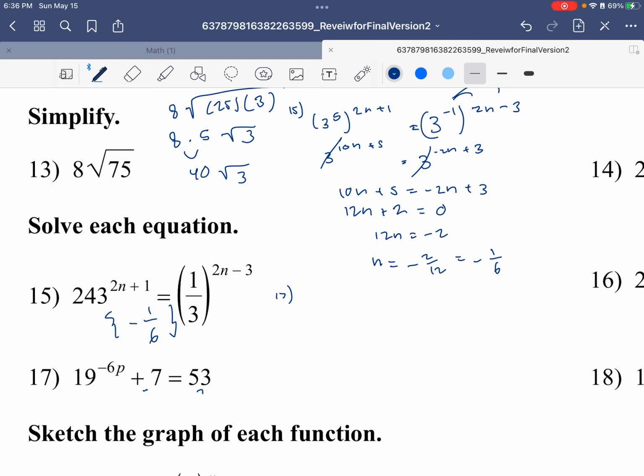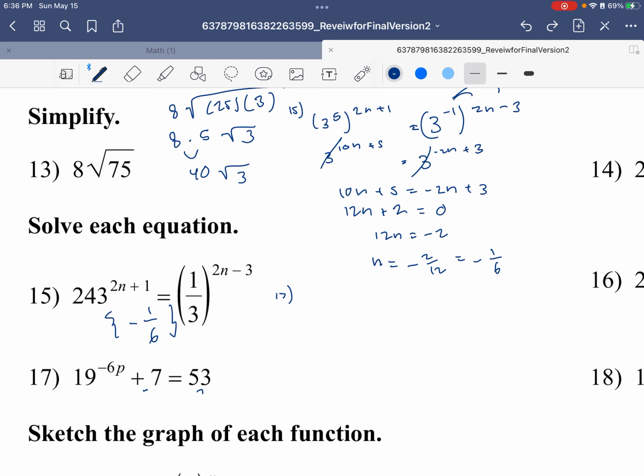I'm pretty sure you can't raise anything to an even power to get 19, and same thing for 46. So in this case, where you can't do what we did up here, where we made the bases the same, you're going to need to use log.